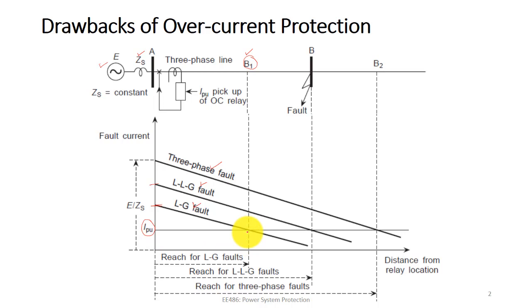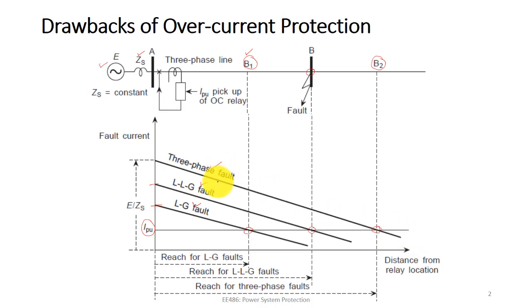Similarly, for this pickup current, the reach for the LLG fault is up to point B. Beyond point B your relay will not operate. Similarly, for a three-phase fault, the reach of the relay is up to point B2. Beyond B2 it will not operate.